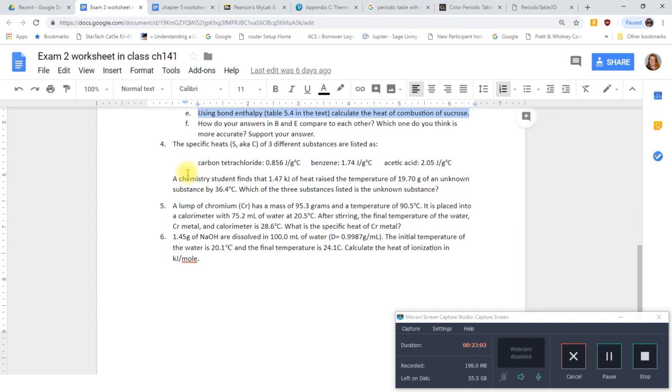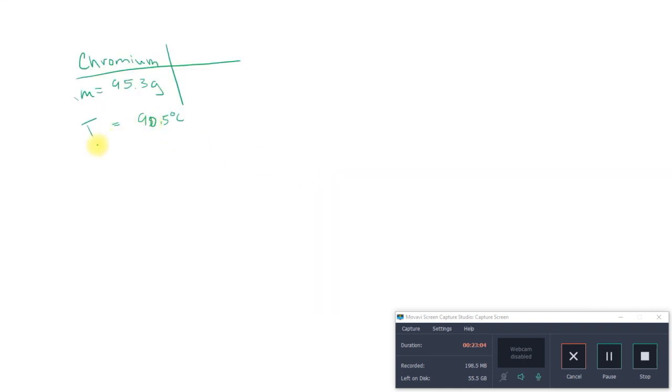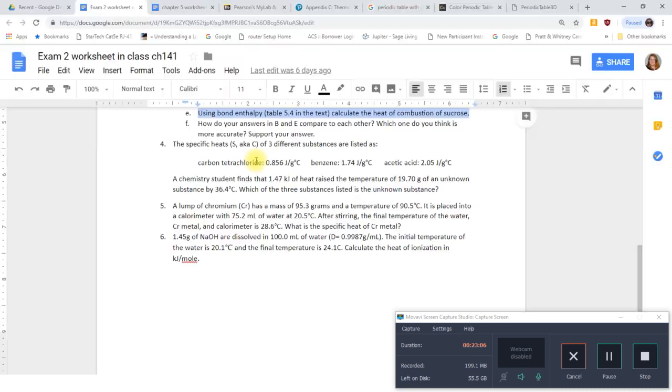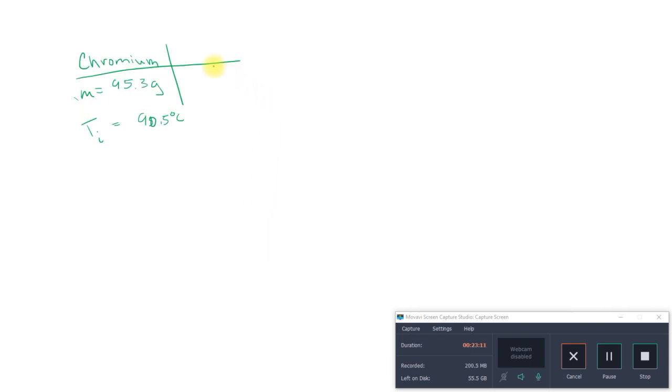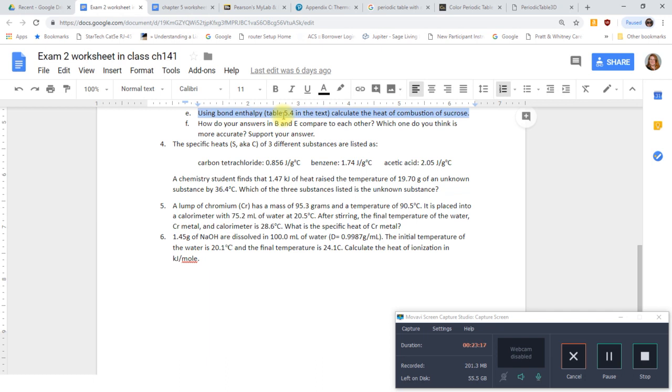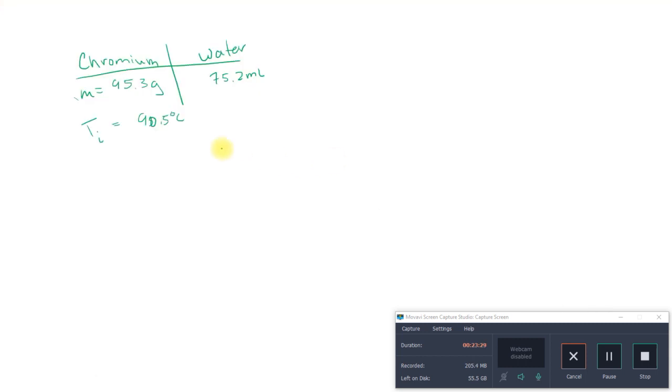Put it in the calorimeter. That sounds like an initial temperature for the metal because we just put it into the instrument that we're measuring it with. The calorimeter has 75.2 milliliters of water, so this is going to be about water. I need a mass, so right away I'm looking for a density, and there's one. Here's the density of water at that temperature, 0.9987 grams per milliliter.